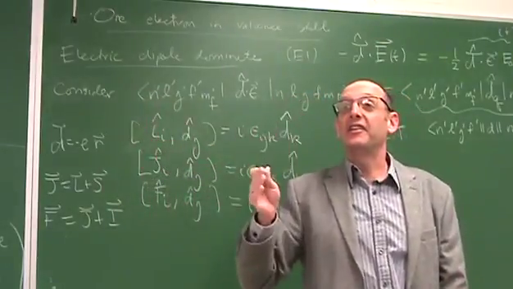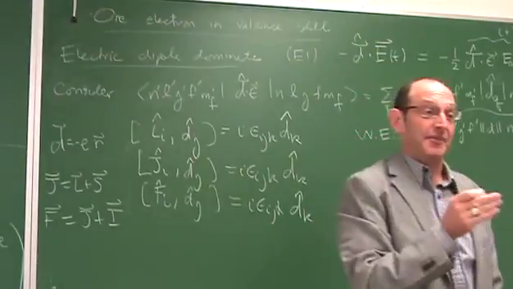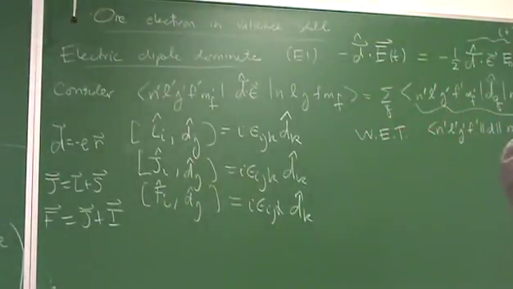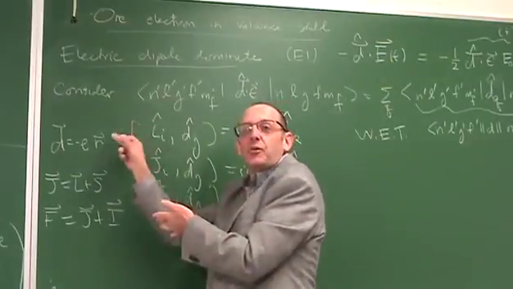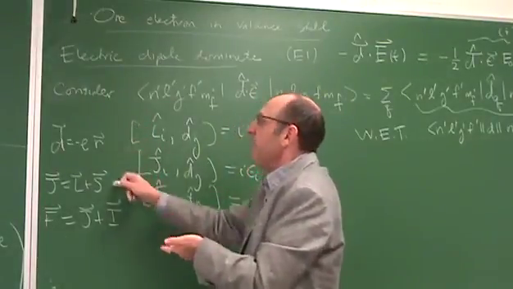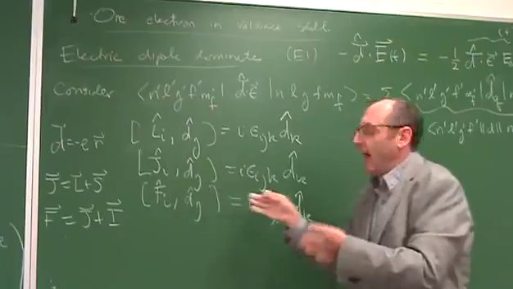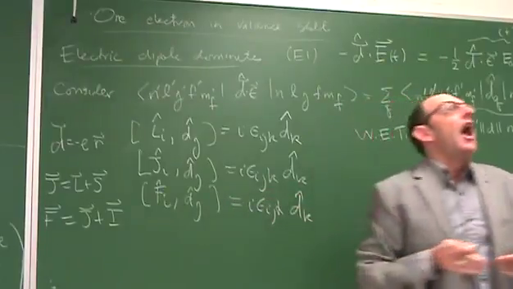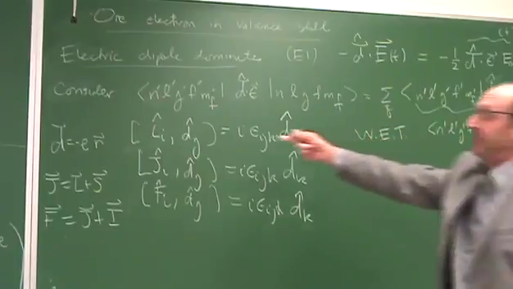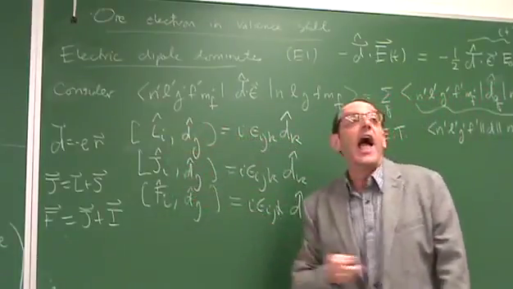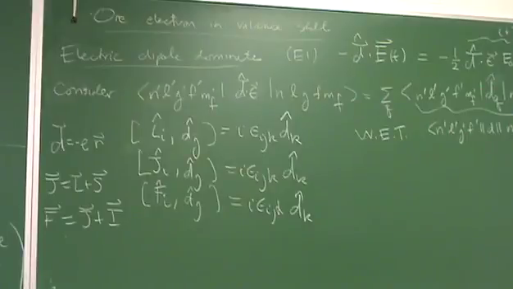They act on different subsystems. If I have a tensor product of orbital, spin of electron, and spin of nucleus, operators that act on the different subsystems commute with orbital operators. So adding in the spin doesn't change anything. And so therefore, D is a vector with respect to any of these angular momenta. They satisfy those commutation relations.